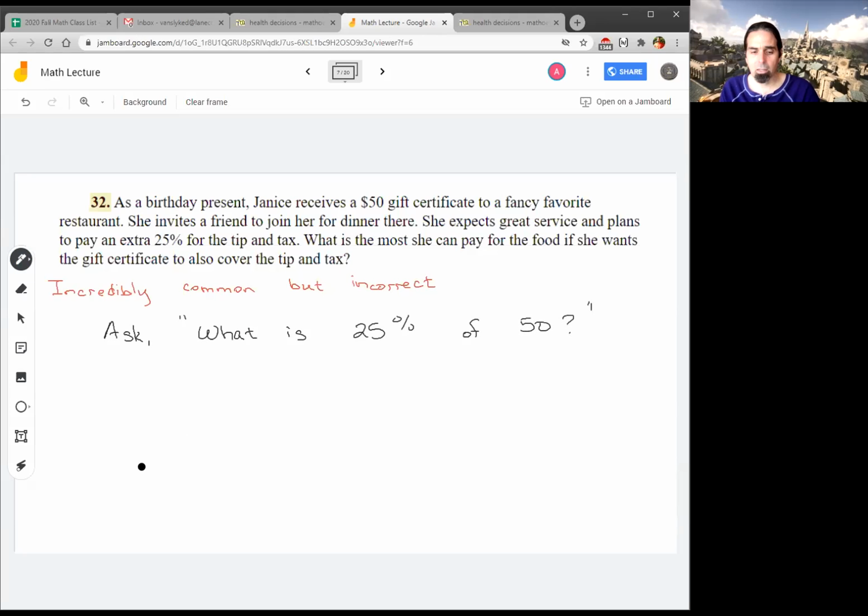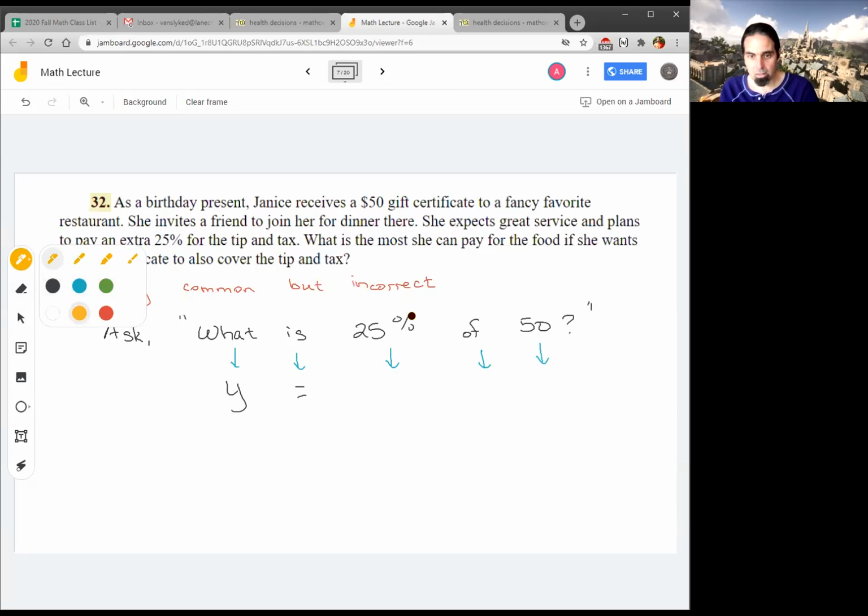Have we done this kind of percent sentence before? I don't remember what we reviewed. Yes, we have. Okay, so I can just translate that. What becomes y, is becomes equals.